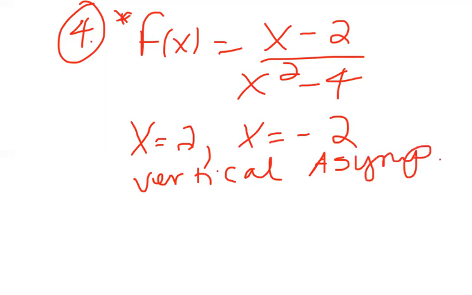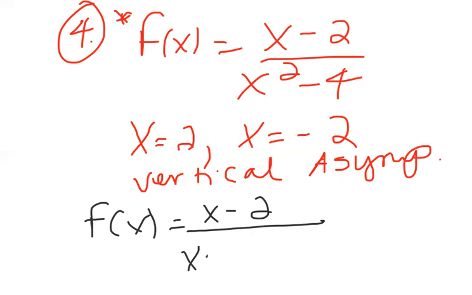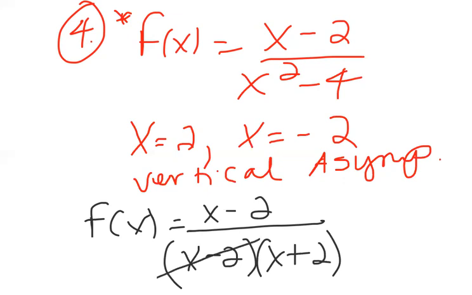I want you to notice something here. If I were to factor the denominator of this fraction, it would be x minus 2, x plus 2. And then I would be able to simplify out the x minus 2. So this problem would simplify to 1 over x plus 2.